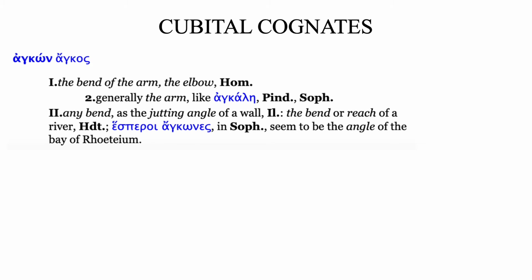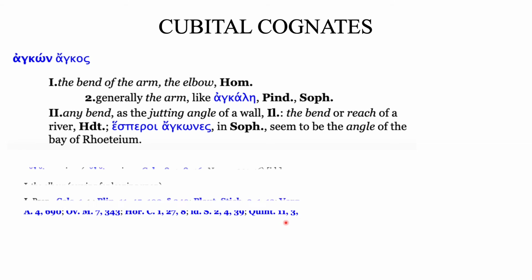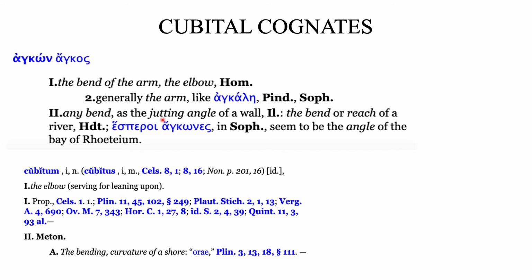Several times you'll run into a Greek noun with a Latin adjective nearby, or vice versa. And one example is the elbow. So in Greek, elbow is ankon, and you can see here it also refers to the appearance or an angle of something.